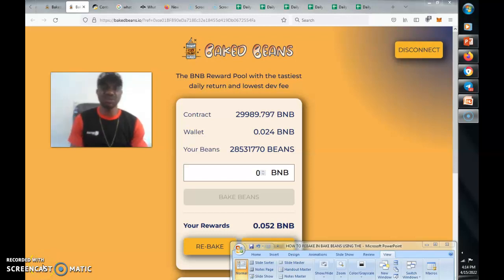I'm here to still tell you and talk about the baked beans, and I want to tell us the best strategy we can use in rebaking and baking of our beans. It is tested with the codes of the smart contract.